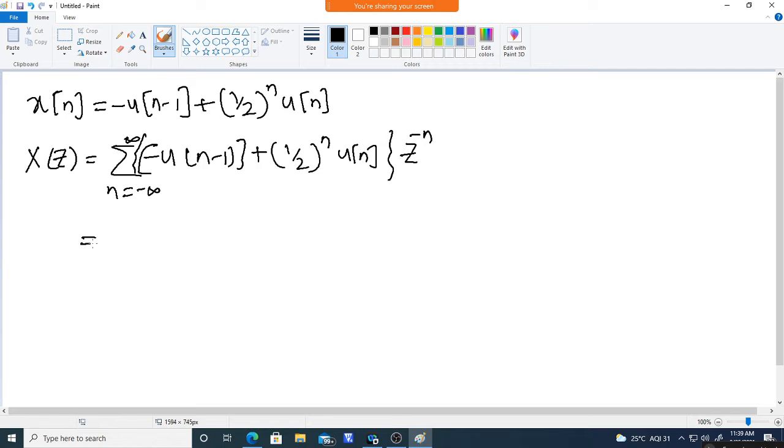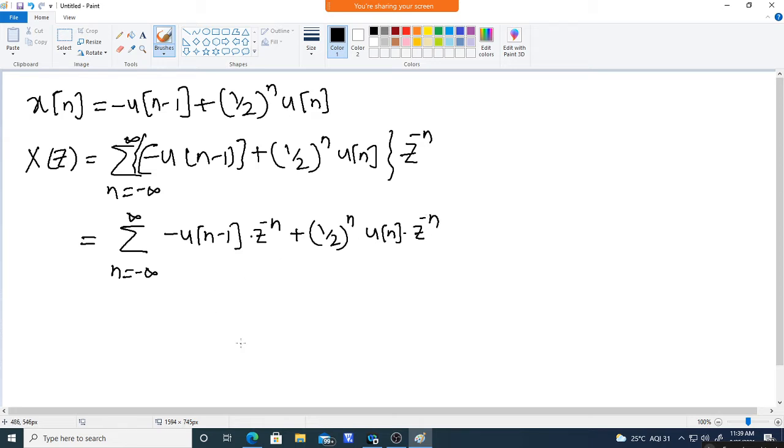So minus you can take outside, summation n equal to minus infinity to plus infinity of minus u of n minus 1 into z power minus n plus half power n into u of n into z power minus n. Now both summations we can split.